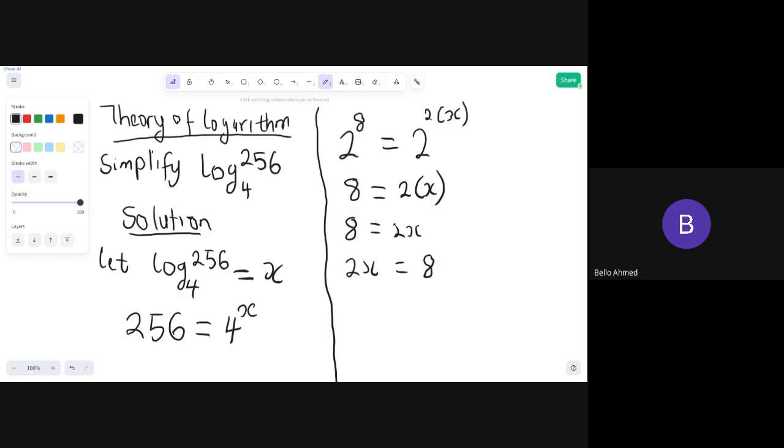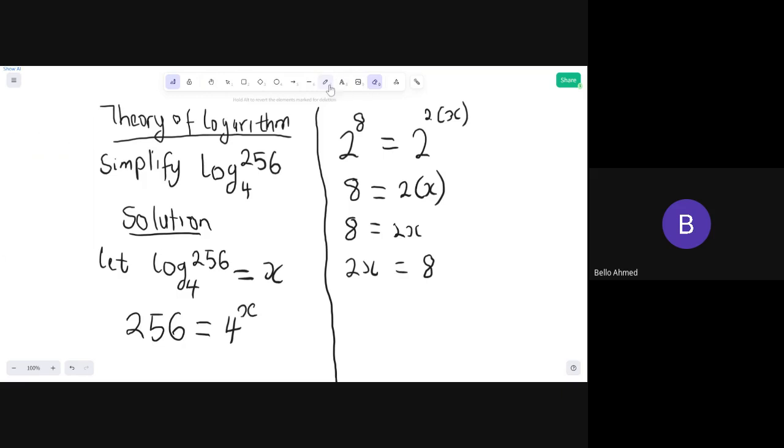It did not change anything. It's just like you are saying 4 equals to 2 plus 2, and you now decide to say 2 plus 2 equals to 4. Does it change anything? Of course not.